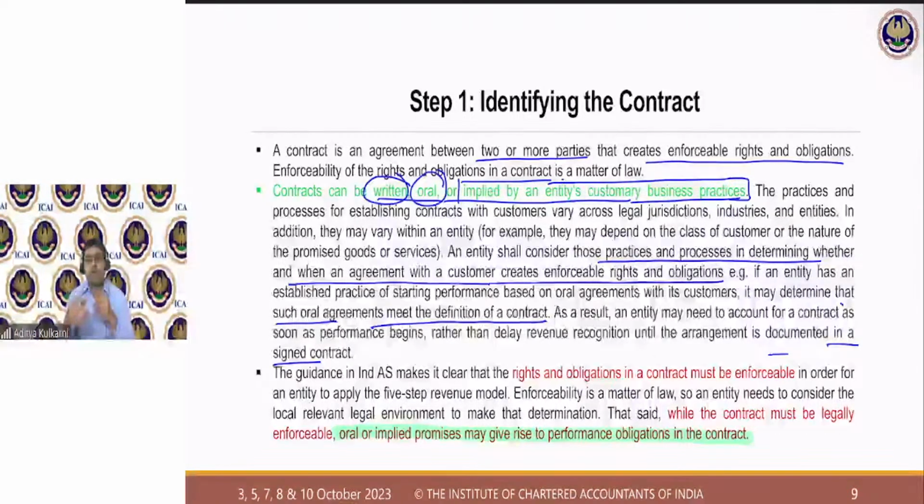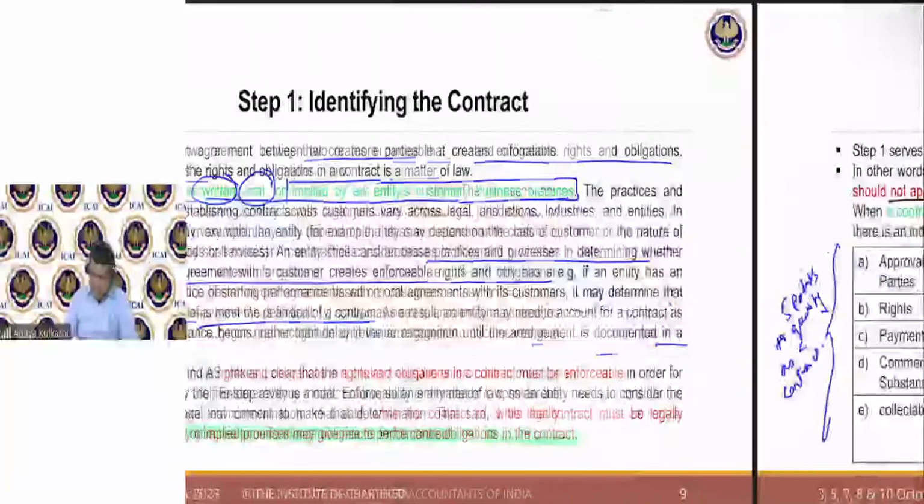People are coming to you only because you are giving something more than what is prescribed in the invoice. So therefore, for that reason, it becomes a customary business practice, giving rise to a constructive obligation. And that also becomes a contract in terms of Ind AS 115. Legally, it's not. The customer cannot sue you if you do not give a warranty. But the business requires you to give that warranty, and that is why it is also going to be a part of your contract. Okay. So that is the first step.